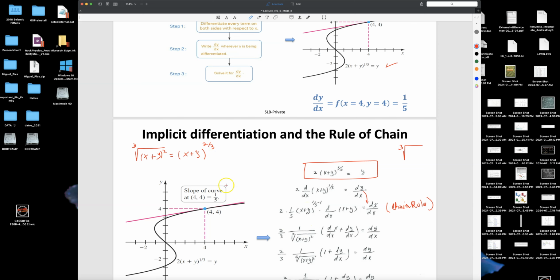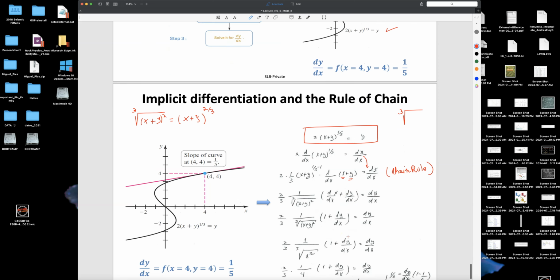Then, the derivative with respect to the independent variable of this addition is the derivative of each one of the members of the addition. So that is the derivative of x with respect to the variable x, and the derivative of y with respect to the variable x.